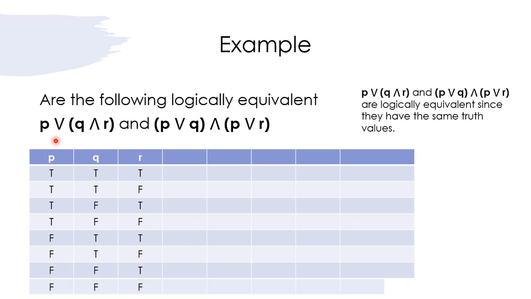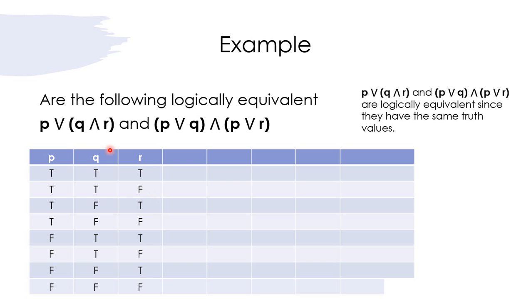We have three propositions in this case, three simple statements, P, Q, and R. So we now have 4 truths, 4 false, then 2 truths, 2 false, and we repeat, then true, false, true, false. Doing this will ensure that all the possible combinations are taken into consideration.